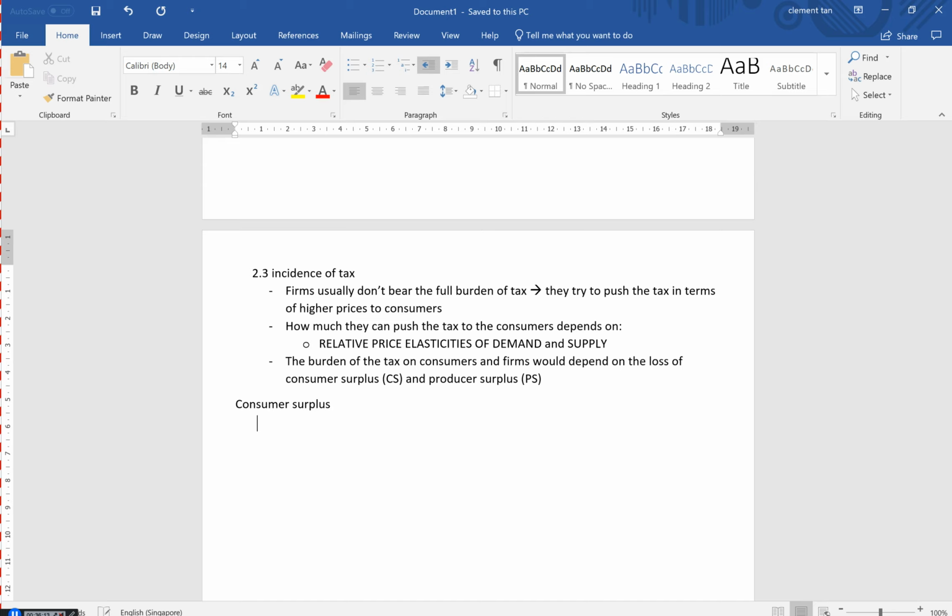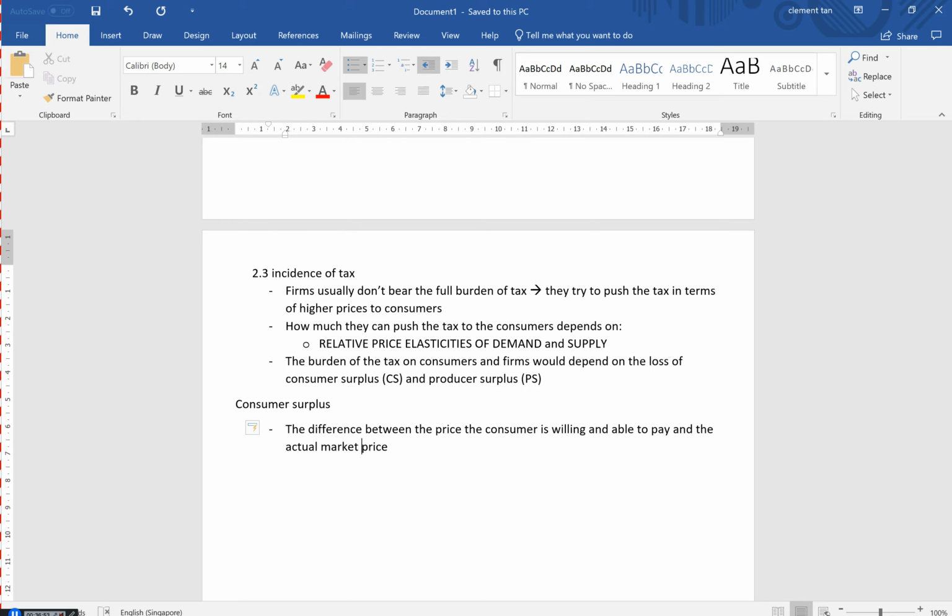Consumer surplus, what is it? It is basically the difference between what the consumer is willing and able to pay and the actual market price.